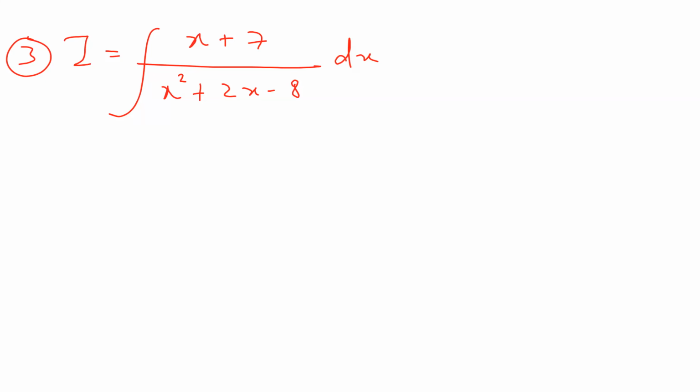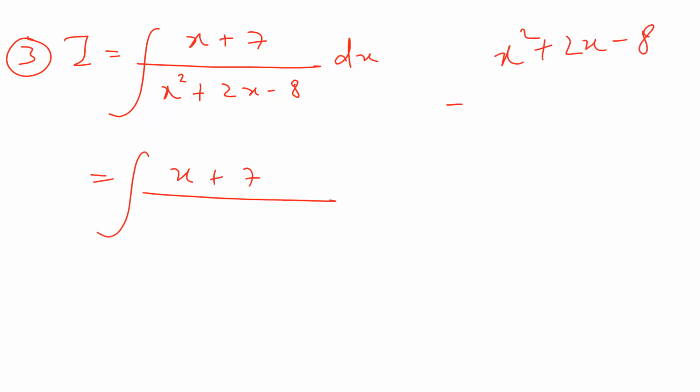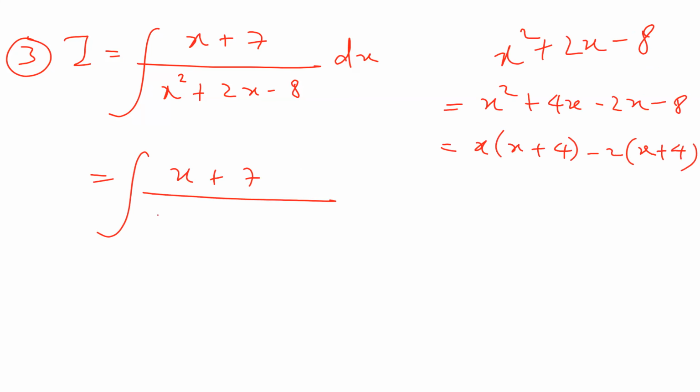So the degree of the numerator is 1 and the degree of the denominator is 2. We can apply partial fractions because we can certainly factorize the denominator. So x square plus 2x minus 8 can be written as x square plus 4x minus 2x minus 8, x plus 4 minus 2 x plus 4, so x minus 2 x plus 4.